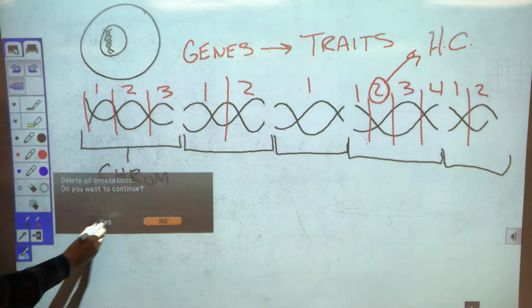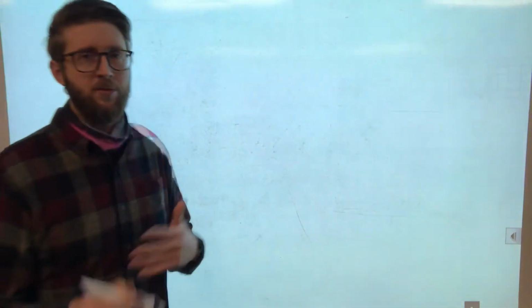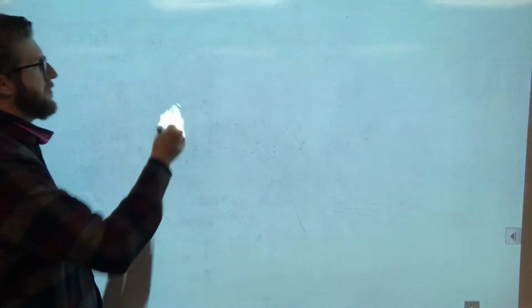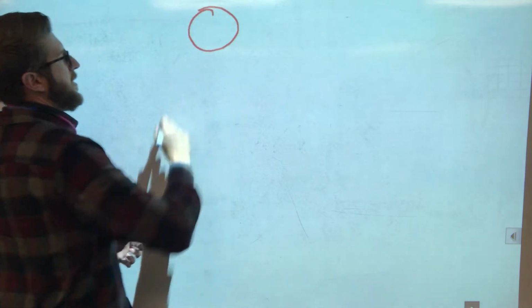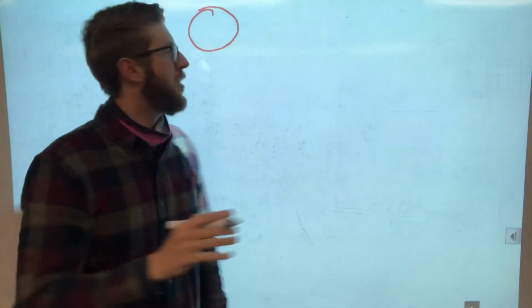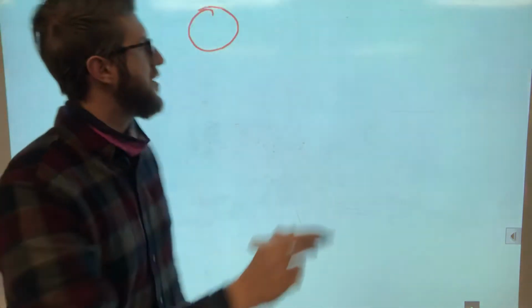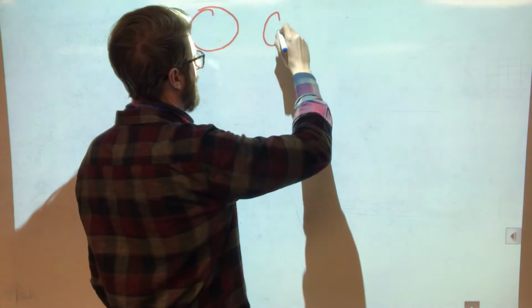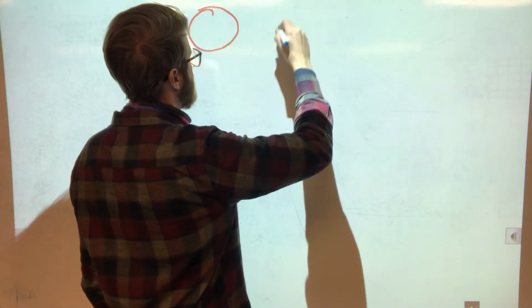Well, the reason that's important is because, let's say in people, for instance, like our cells, we have 46 chromosomes. If your cells did not do meiosis, then, let me tell you this first, there are these cells in your body called sex cells, okay?